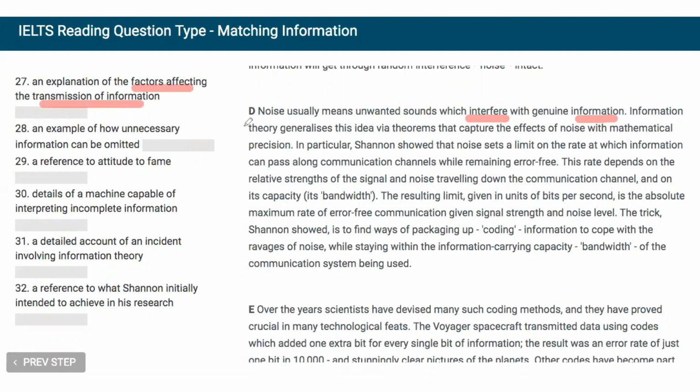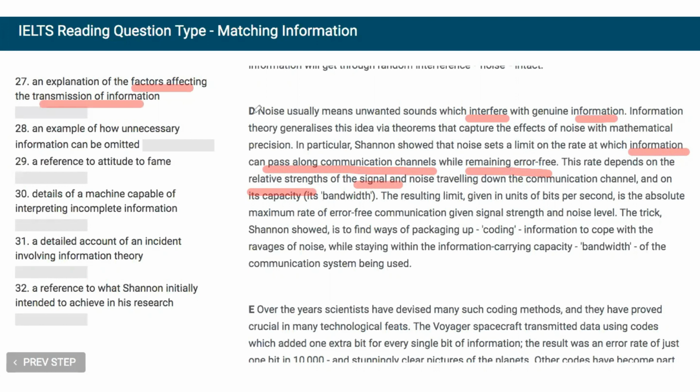Already I'm thinking that 27 could be good with D. Let's go ahead and look more. We see information here. Information can pass along communication channels while remaining error-free. This is also quite important. This rate depends on the relative strengths of the signal. So these are all details on what affects the transmission of information.